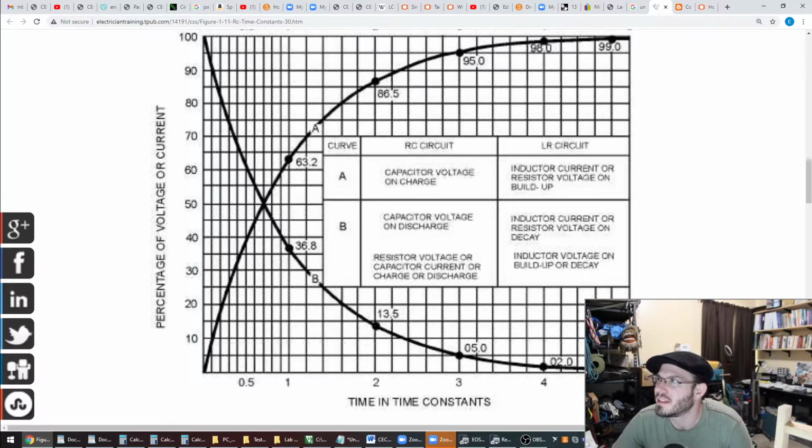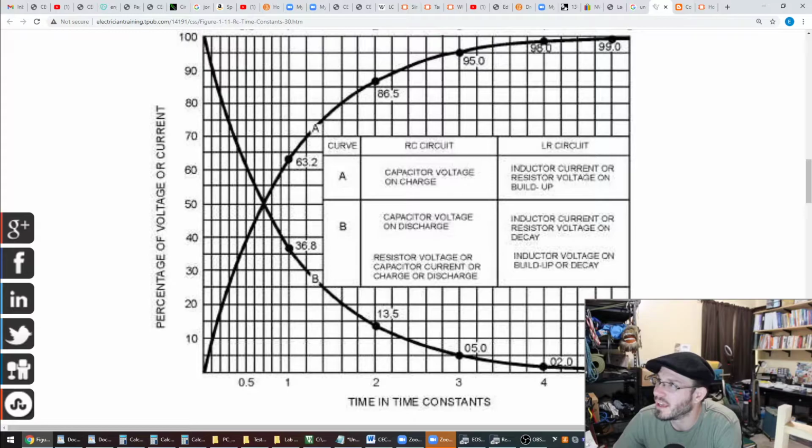Okay, so you can see again, if it's an RC circuit, A over here is the capacitor voltage, or it's the inductor current for an LR circuit.